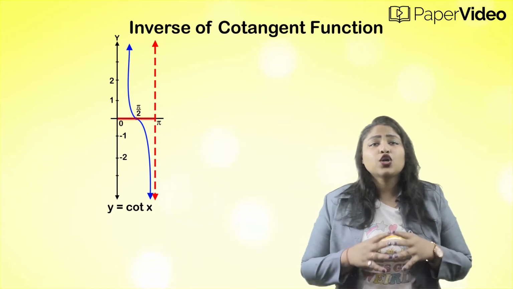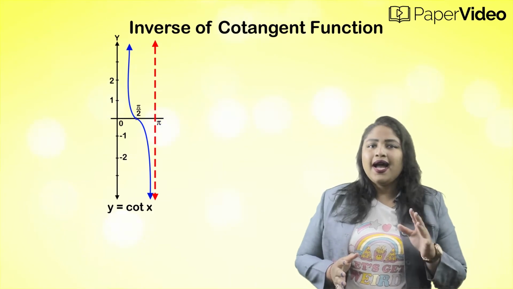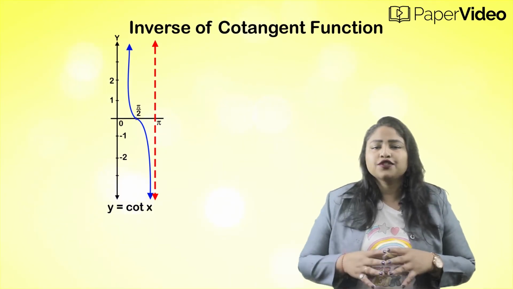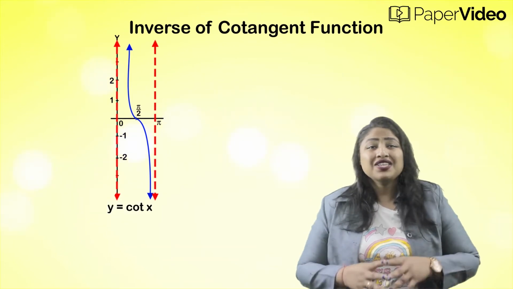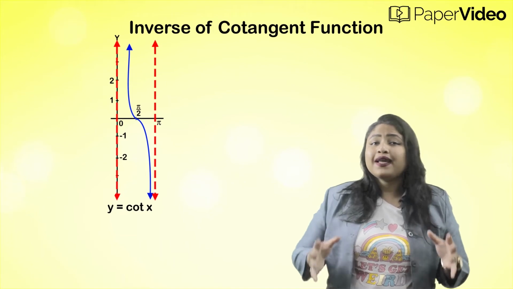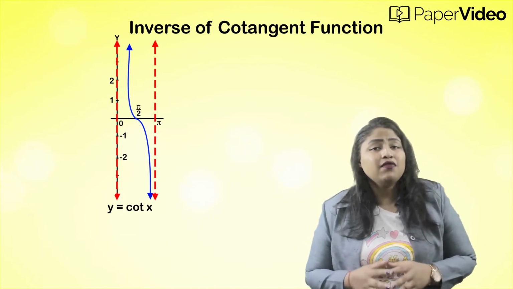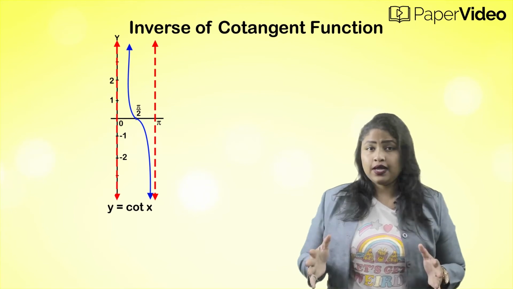This means that the cotangent function is 1, 1 within this interval. And we have earlier seen that cotangent function is always onto. This means that the cotangent function is invertible in this restricted domain. Or in other words, the inverse of the cotangent function exists within this restricted domain.